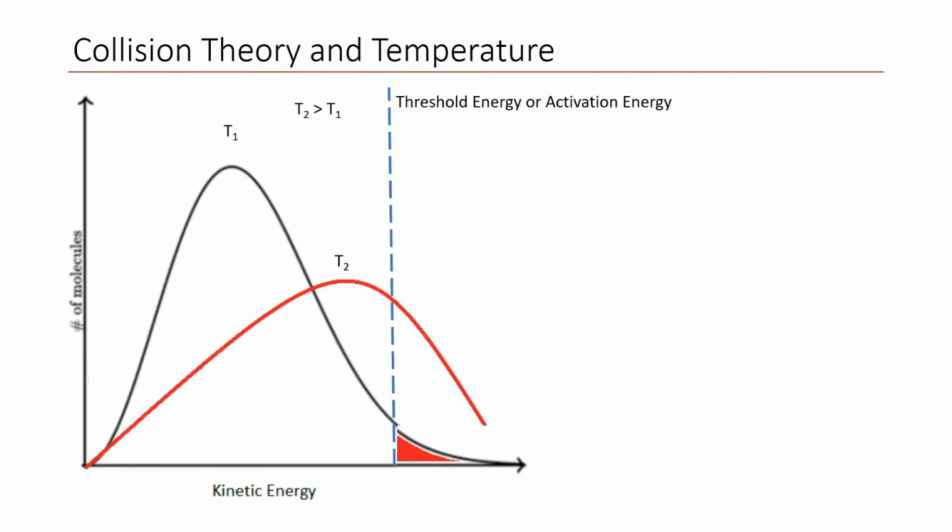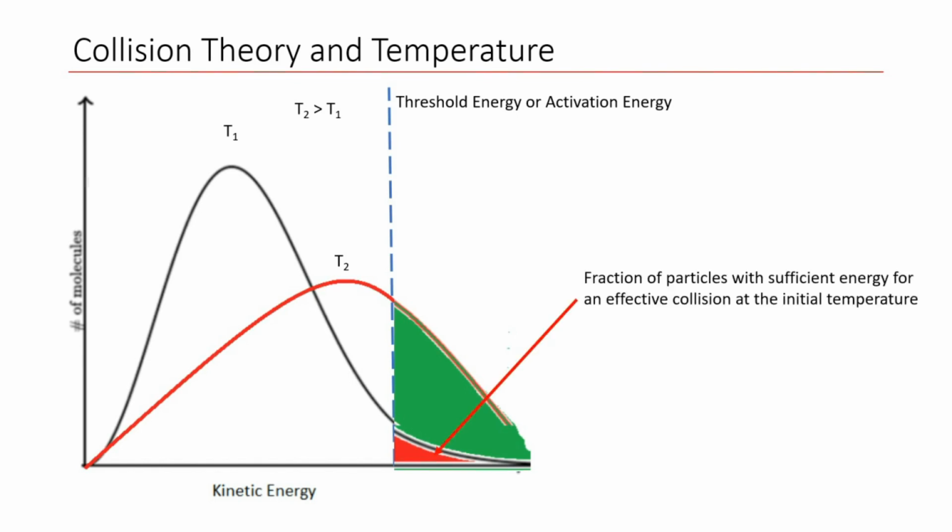What if we were to change the temperature? Well, it would give us a second curve, and you'll notice that the total area under the curve doesn't change. All we do is shift it and spread out our number of particles. The red line represents a second temperature, which is higher than my first. In this case, we can see that we have a much greater number of particles which have enough energy for an effective collision.